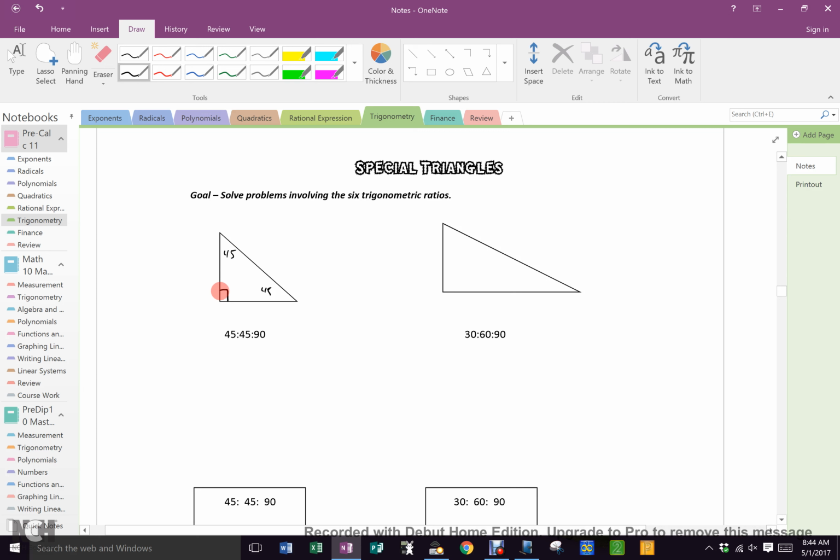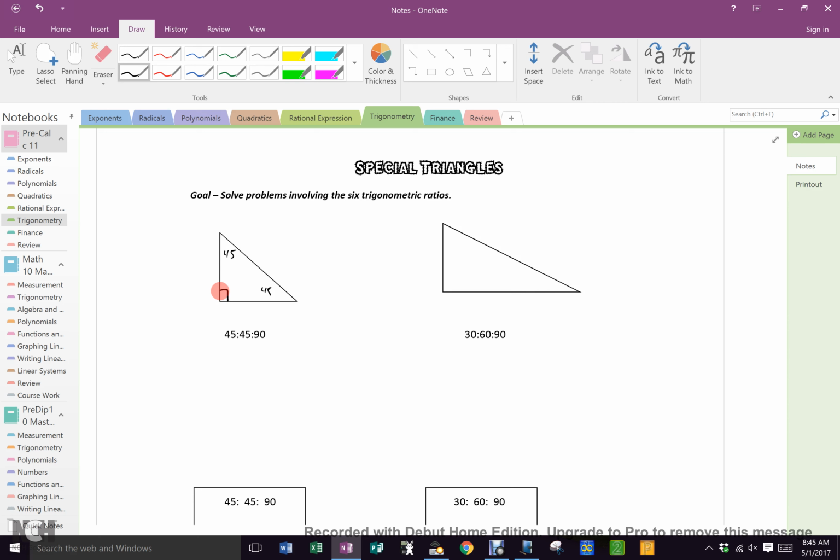We know something else about isosceles triangles. It has a right angle. Two sides are the same. Excellent. Which two sides? Not the hypotenuse. How do you find the hypotenuse? How do you physically find the hypotenuse?